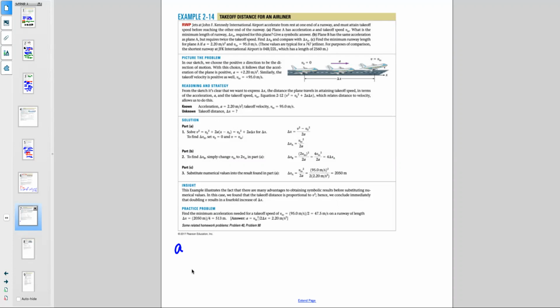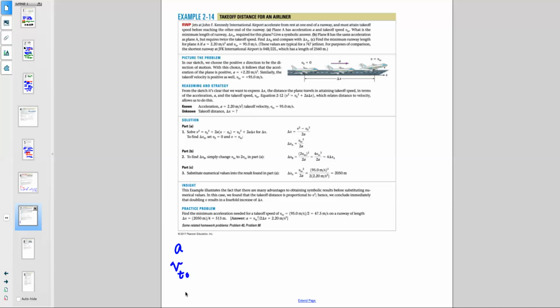And the takeoff speed, meaning that once it's taking off, it doesn't give you a number for it again. So I'm just going to use v of takeoff, TO. What is the minimum length of runway required for this plane? So the minimum is the length that it's taking off and leaving the ground.